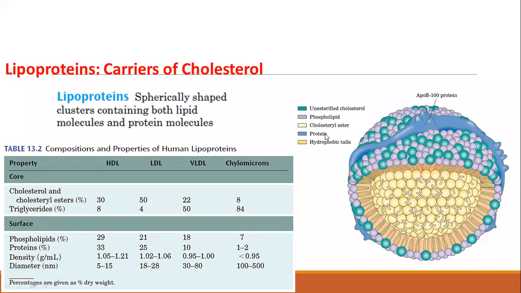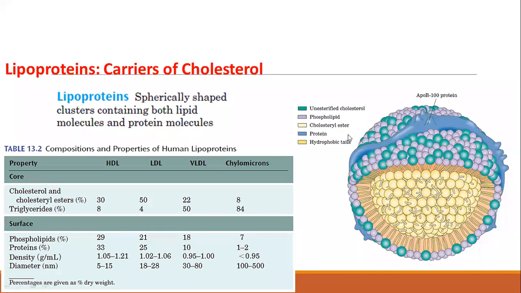And you have the tail, the hydrophobic part, the yellow ones are the hydrophobic tails, and the cholesterol esters. So you have your cholesterol, the yellow one, and you have your phospholipids and unesterified cholesterol here, and then you have your protein. And this is the one that carries our cholesterol, which is hydrophobic.